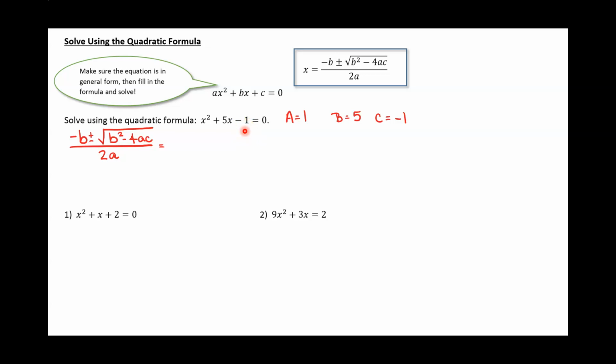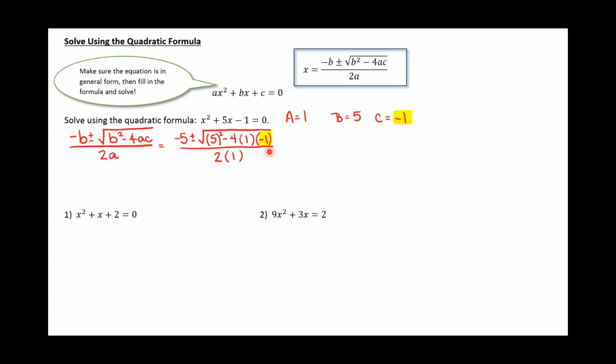We said that B was 5, so in the place of each of my B's, I'm going to put 5. Then we said that A was 1, so in the place of each of my A's, we've got 1. And then C was -1. So C is -1.